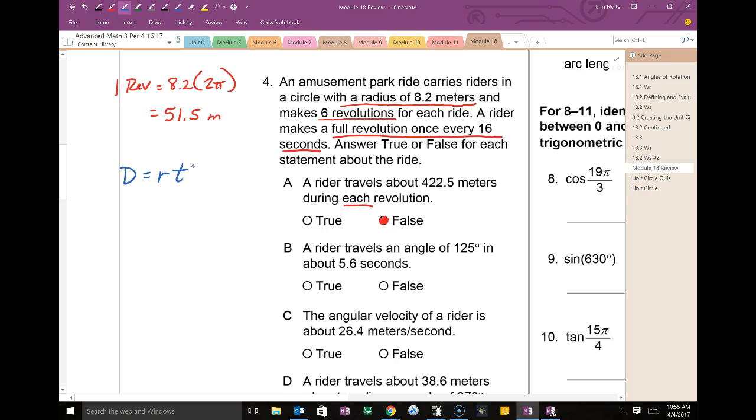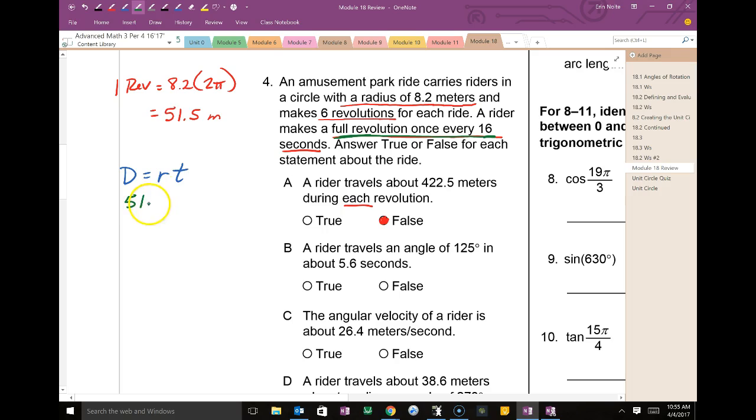So the first thing that I'm going to do is figure out how fast they're moving in one full revolution, because that's the only thing I really know at this point. Looking back at the paragraph, one full revolution takes place every 16 seconds.